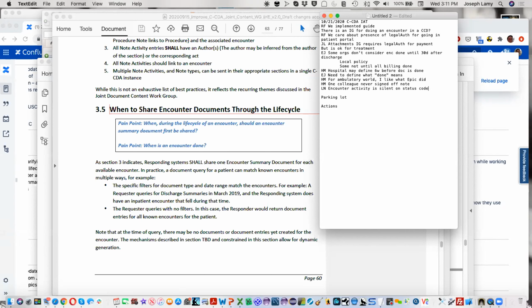Did you look at that in your evaluation of how to describe this? Did anybody look at whether or not the encounter activity template should weigh in on the use of the status code?